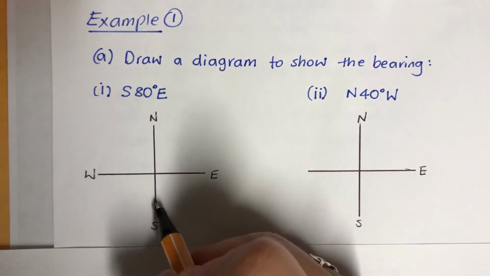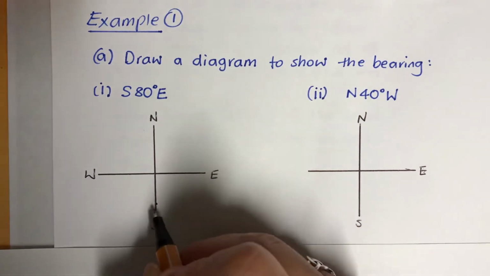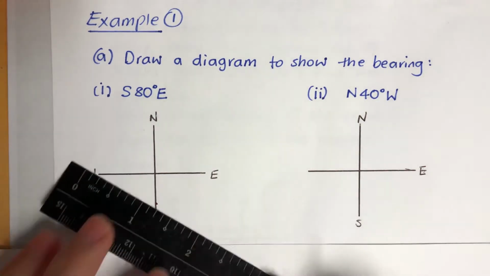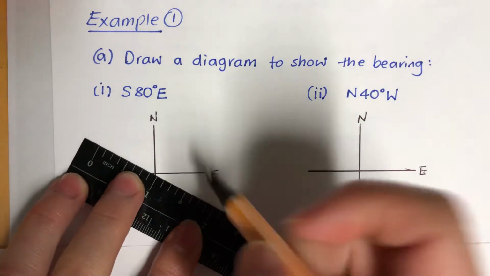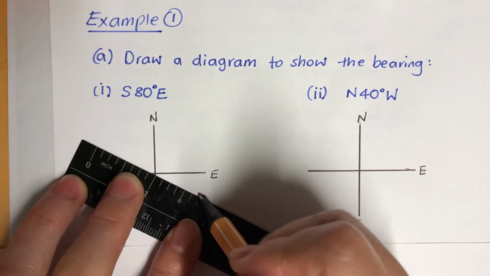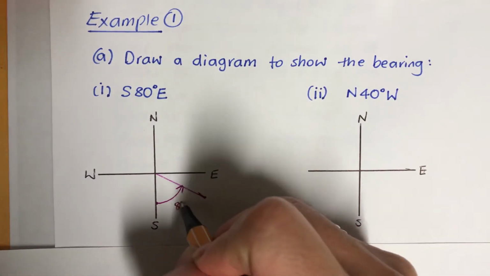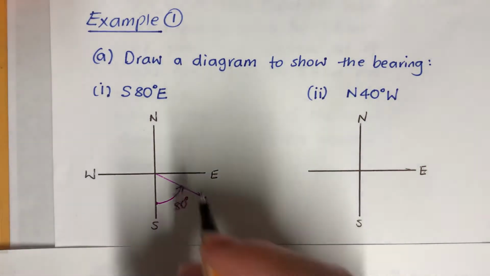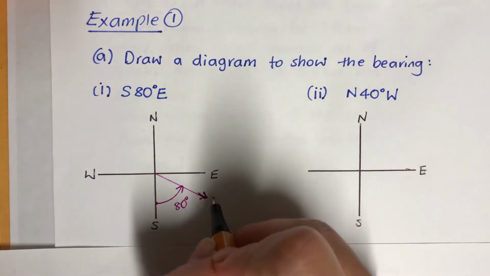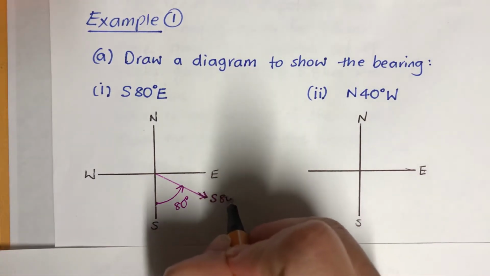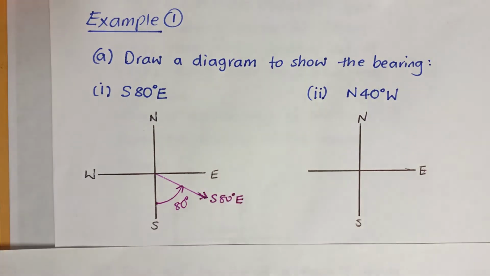It starts from south and I'm going to go to 80 from here using the ruler, roughly. So from here to here is 80 degrees. This is what we call S 80 degrees E.